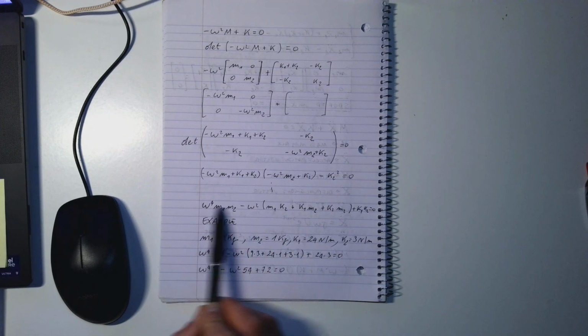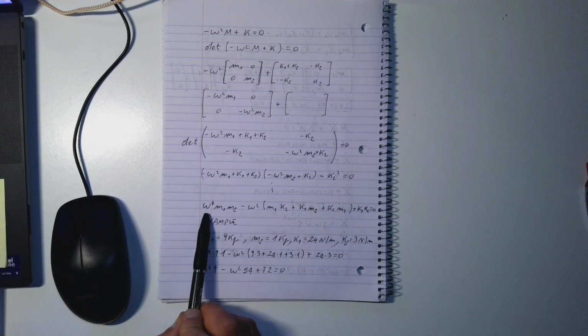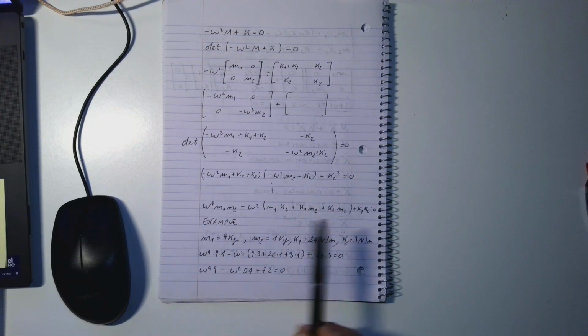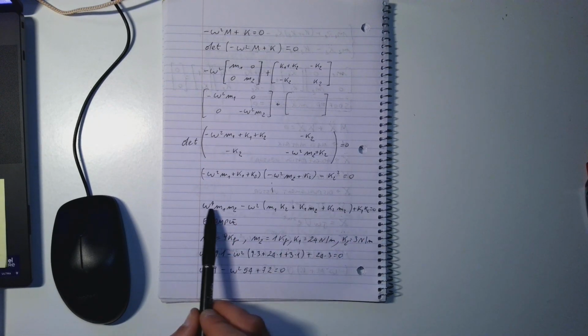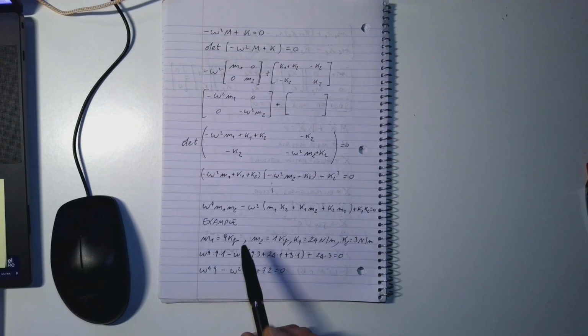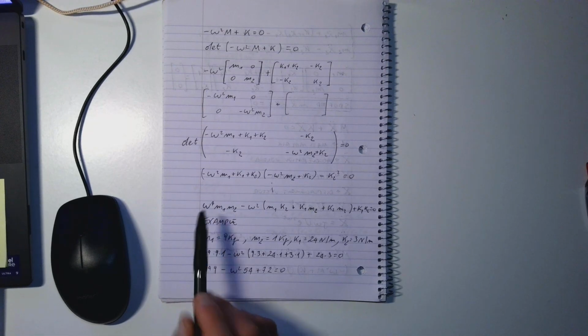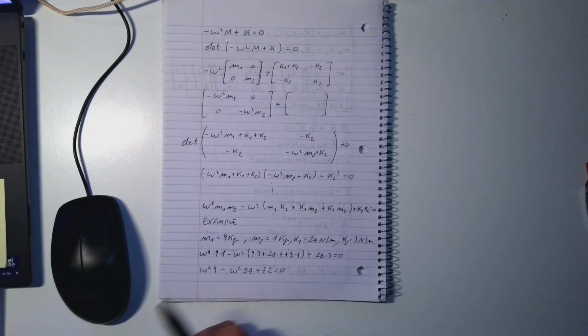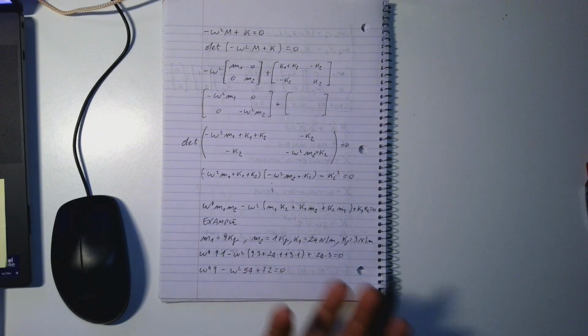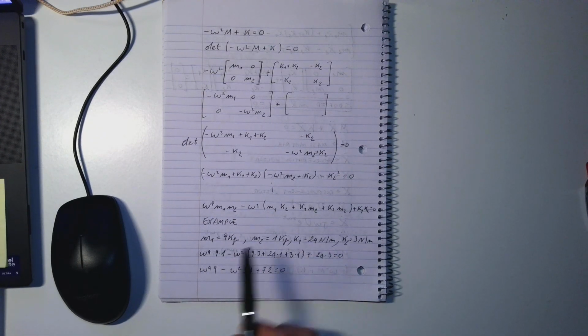Theoretically, we end up with 4 natural frequencies because this is 4th order. However, when we solve this one, we will have 2 couples of solutions. One will be plus or minus a certain number, the other plus or minus another number. So we can look only at the positive values, because those have physical meaning in terms of frequency. Negative frequency doesn't really mean anything.